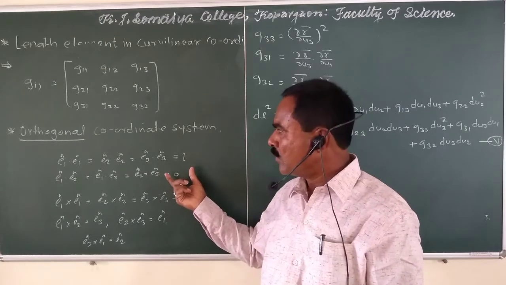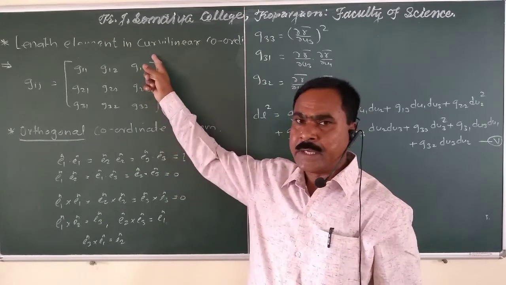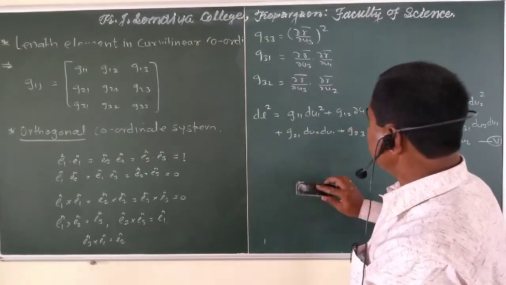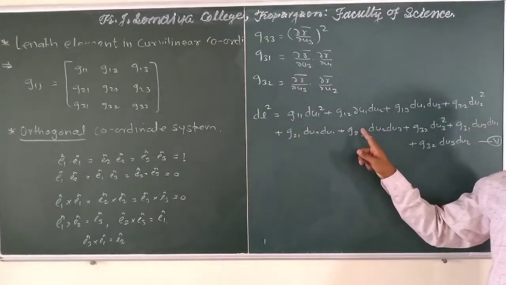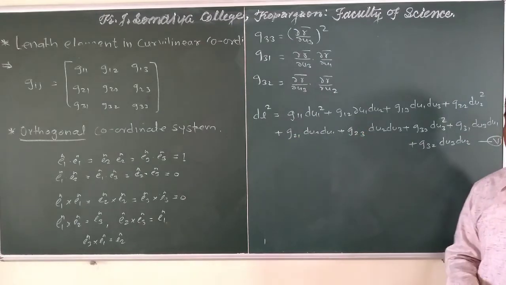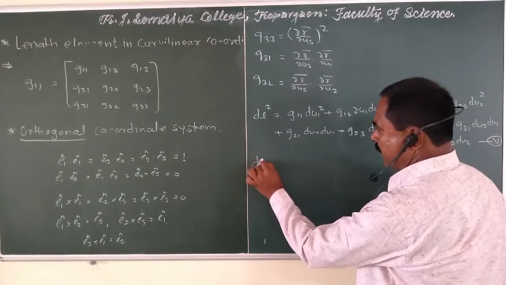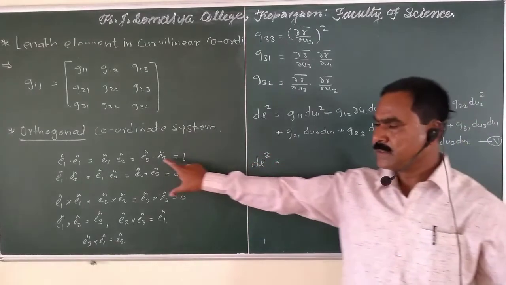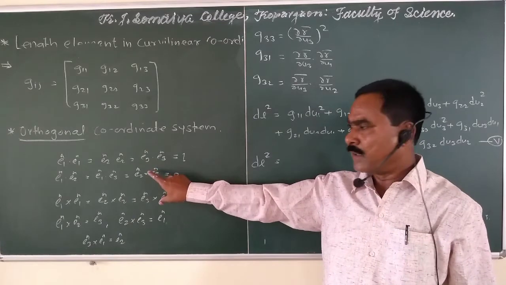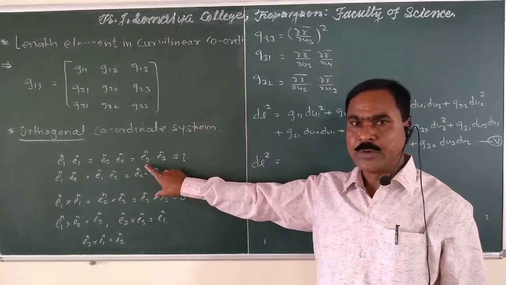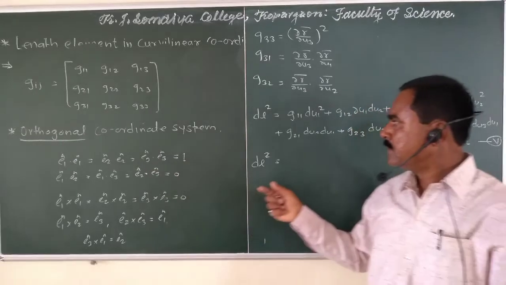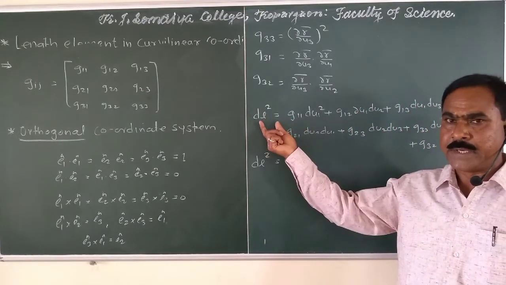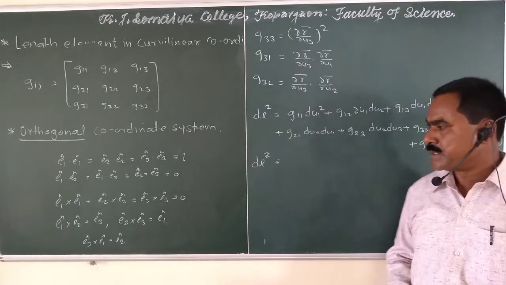Now we have to write the length element in an orthogonal system. So dl square equal to, I will write this using this identity or using these unit vectors. We can express the square of the length element in an orthogonal system.